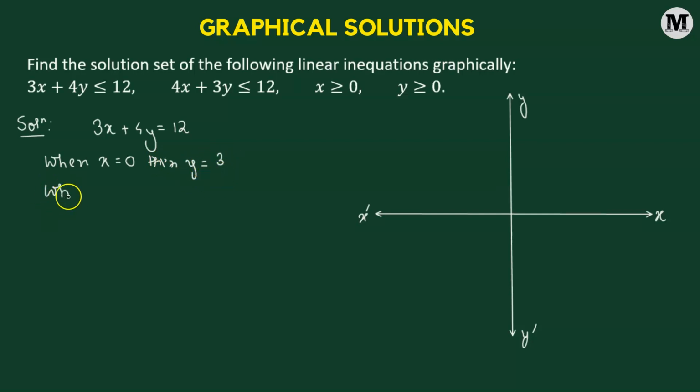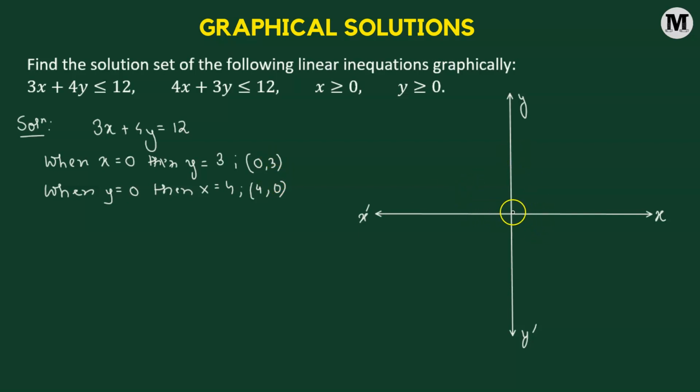And when y equals to 0, the corresponding x value is going to be equals to 4. This means we now have 2 points. One point has the coordinates 0, 3, and the other point has the coordinates 4, 0.